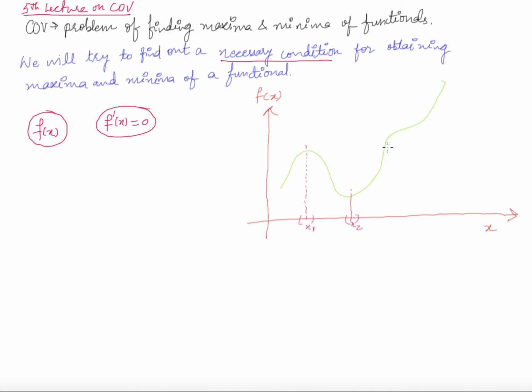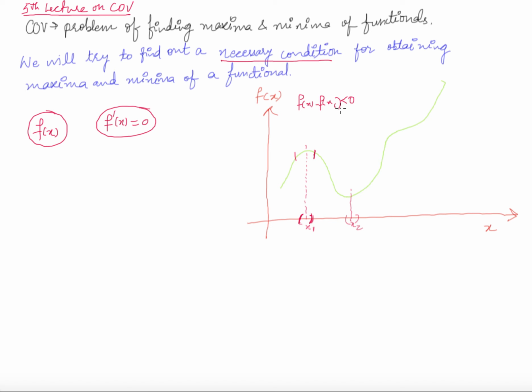For example, if I have this function like this, all I'm talking about is local minima and maxima. So you know that this x1 is a point of maxima. What do you mean by point of maxima? It means that there exists a neighborhood of x1 such that f of x minus f of x1 is negative, because f of x1 is higher than f of x for all the x in this neighborhood.